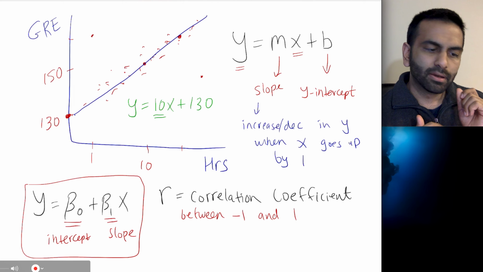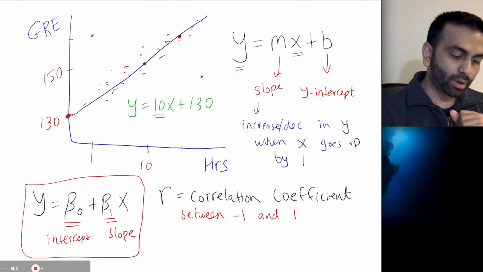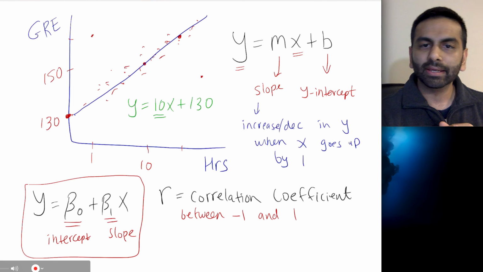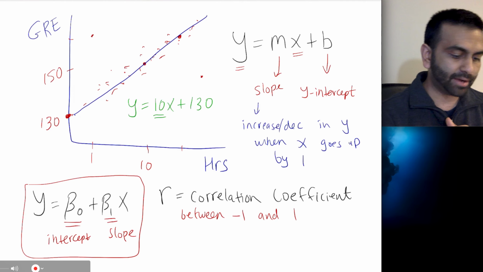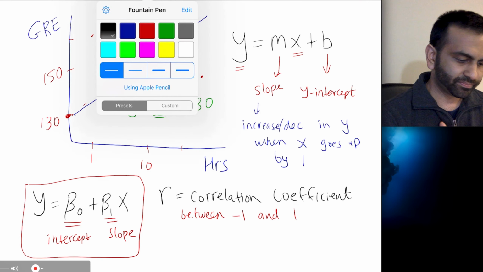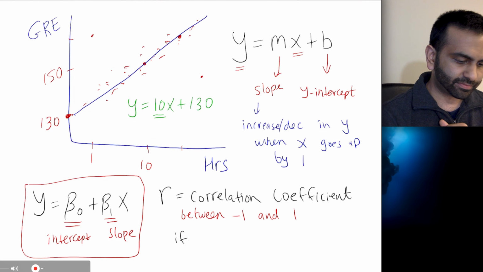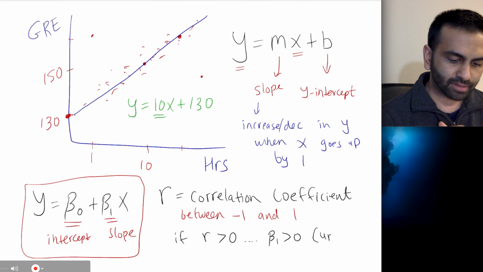Now, whether this is positive or negative is basically also just like the slope, based on whether it's going up or down. So essentially, if R is positive, greater than 0, then the slope beta 1 is also going to be positive, and it's an upward slope.